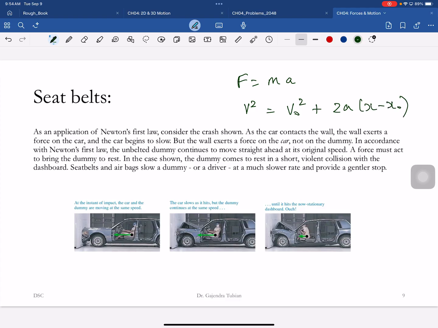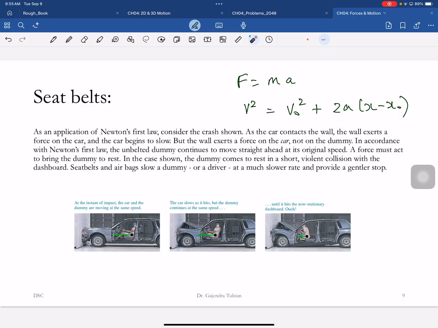Again, we just want to understand what's going on. This is your initial speed, so let's say that's 80 miles an hour. This is your final speed. What is it that you want to do? You want to stop the dummy, so you want this to be 0. This is the stopping distance. This is the acceleration.